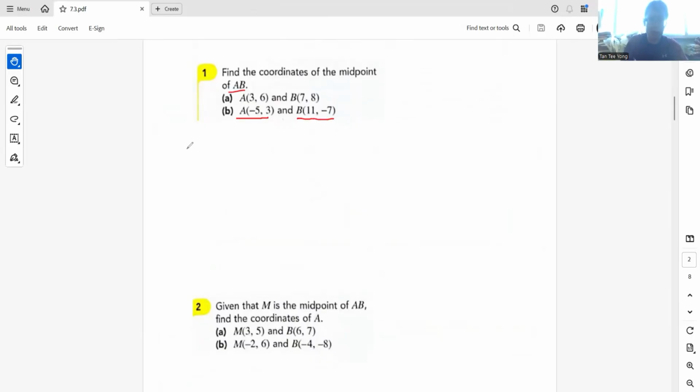So how do I find the midpoint of AB? Midpoint AB is equal to (x1 plus x2 over 2, y1 plus y2 over 2).